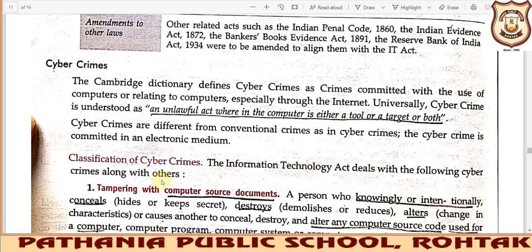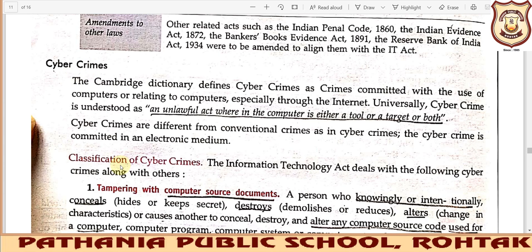Crime is something which is not legal. Something is being done intentionally which should not be done, because you are doing something which is harming others. So this is a crime. When someone is committing crimes on the internet, that is known as cyber crime.